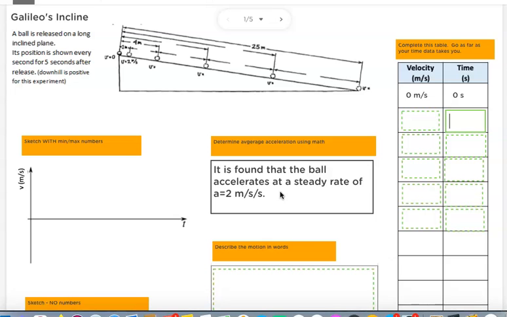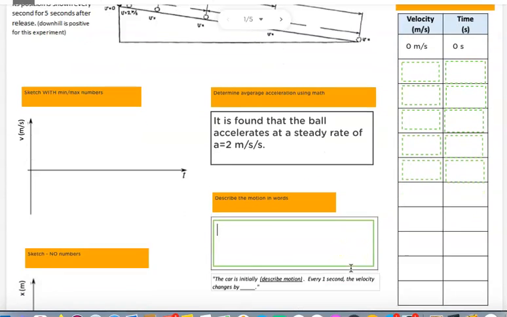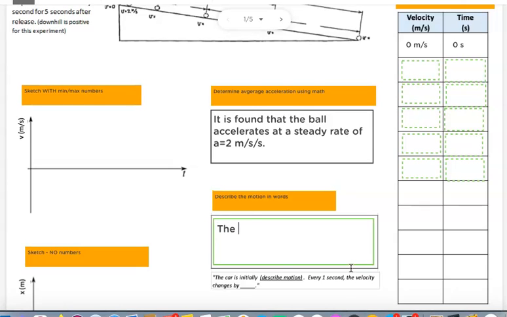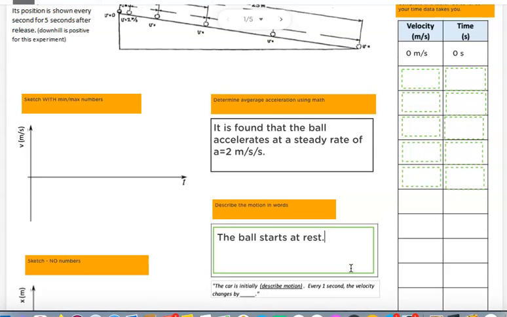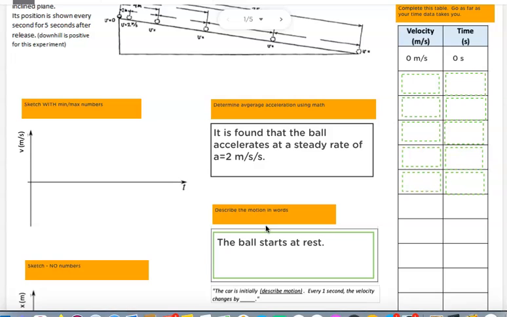So it's accelerating. Well, if I know that it's accelerating at a steady rate of positive 2 meters per second per second, I can translate this into words. I can say the ball starts at rest. It says velocity equals 0 at the beginning. It's not moving.